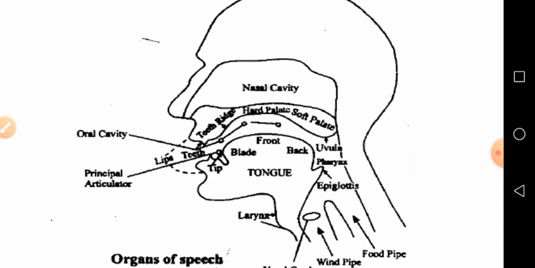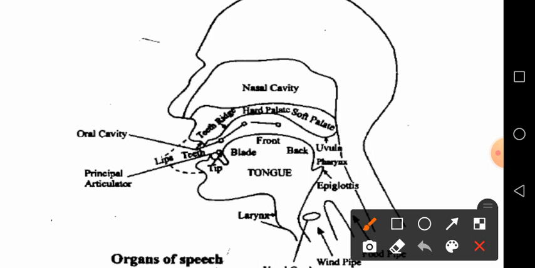Let me tell you friends that when we speak a particular language, we use organs. When we speak, we use organs for articulation. Like the first organ is our tongue.